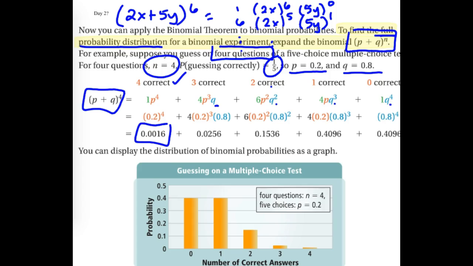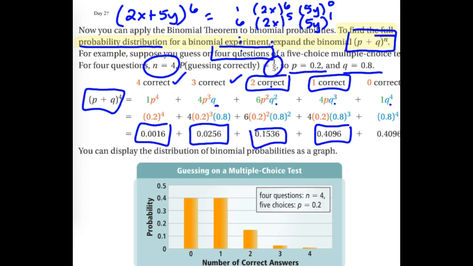The probability of getting 3 of them correct came out to be this. Probability of getting 2 correct, probability of getting 1 correct, and probability of getting none correct. So when you do that expansion, you're finding all the different options. You're not always asked for all of them. But if they want the complete probability distribution, then you have to find them all.